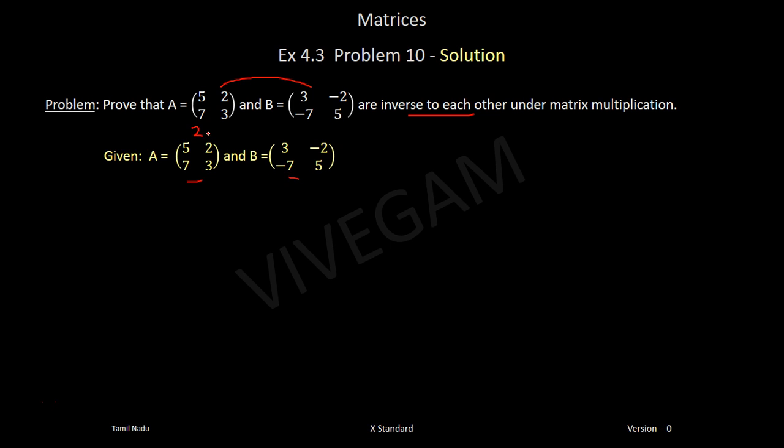I think it's defined, but anyway we'll do a quick check. This is 2 by 2, and this is again 2 by 2. The number of columns in the first is 2 and the number of rows in the second is 2, so they are equal, which means the matrix multiplication is defined and the resultant matrix will be 2 by 2. Keep that in mind.